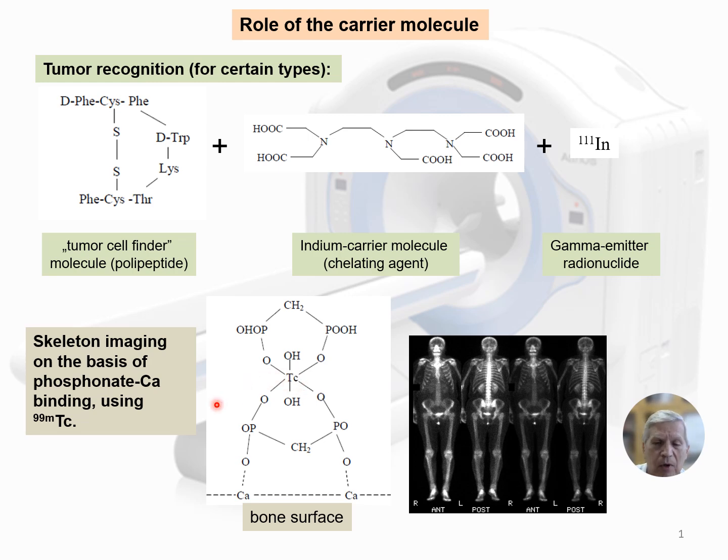Since bones are composed mostly of calcium phosphate, if you synthesize a phosphonate complex with the technetium, then these phosphonate or phosphate groups, whichever I use, can be bound to the calcium content of the bones. It is a very nice thing.